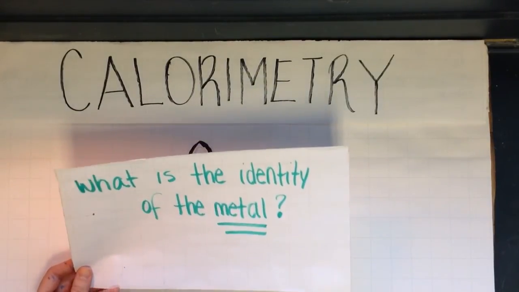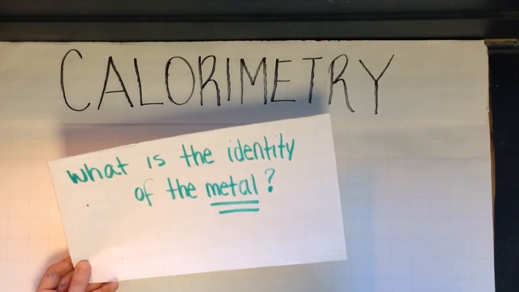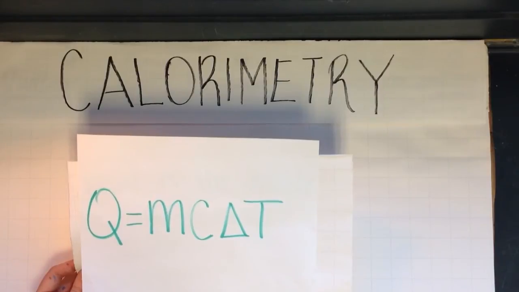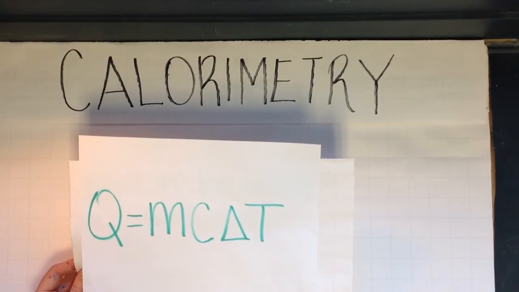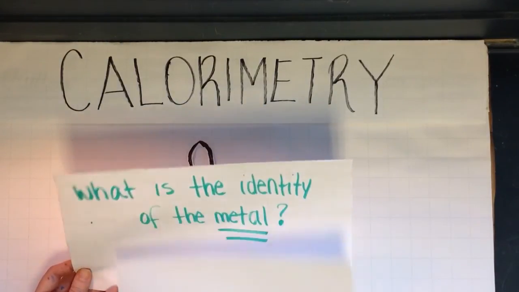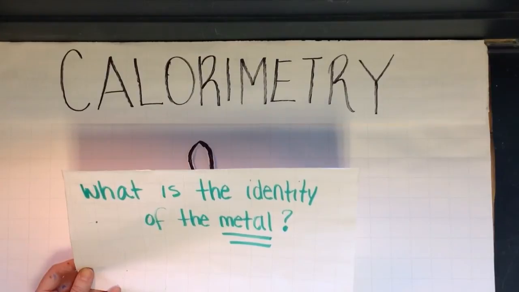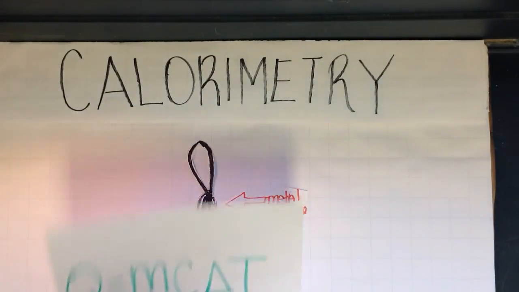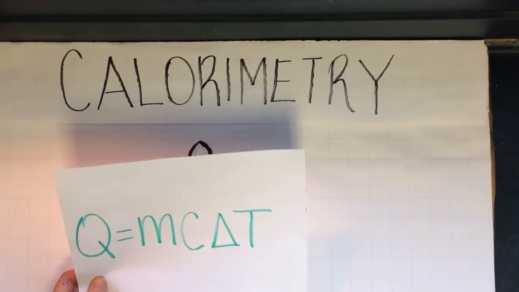You can be asked many things. You can be asked any of these things. You could be asked, what's the mass of this metal? What's the change in temperature? What's the energy? As long as you're given other variables. Okay, so if I'm asked what's the identity of this metal, the way I'm going to figure that out is by solving for c, specific heat capacity.